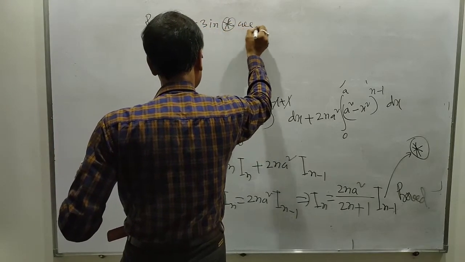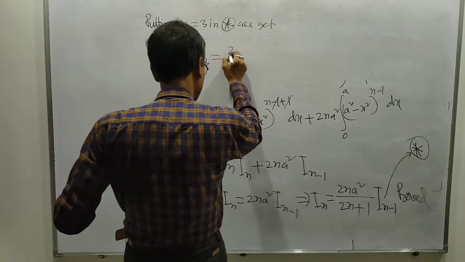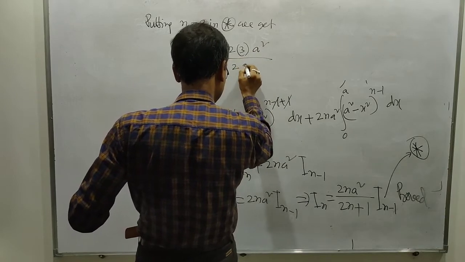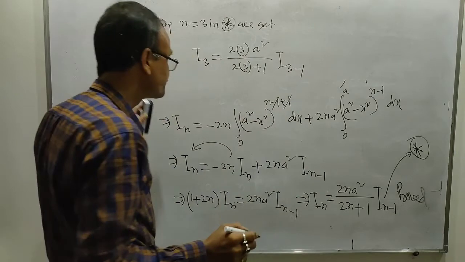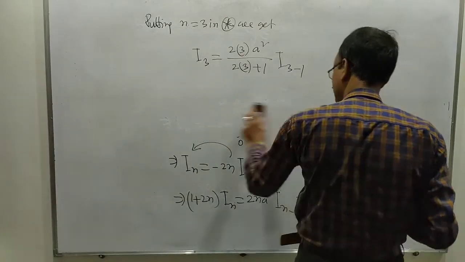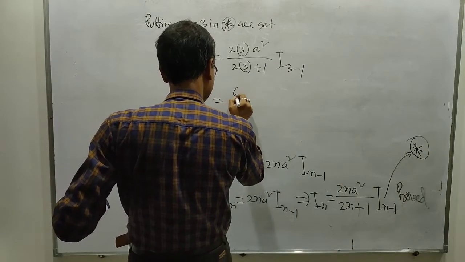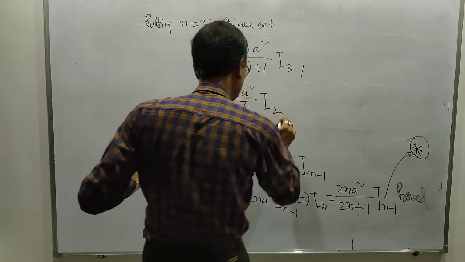We get I3 equal to 2 into 3 a square divided by 2 into 3 plus 1 I3 minus 1. This is equal to 6 a square divided by 7 I2.